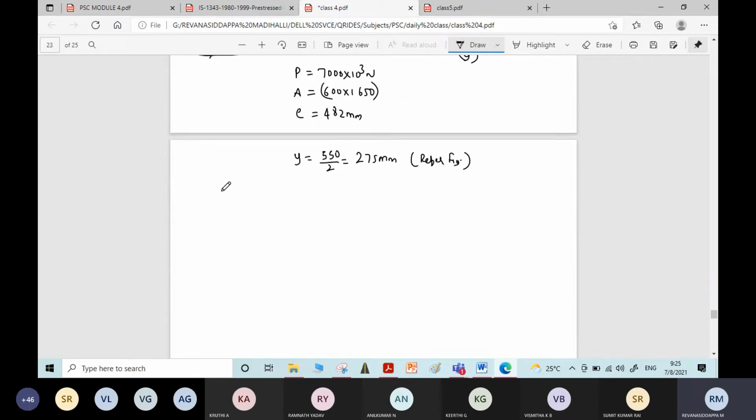Okay, to find the moment inclusive of dead load, just copy the loading condition.